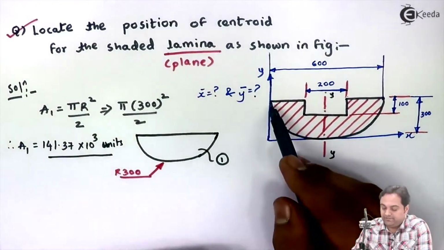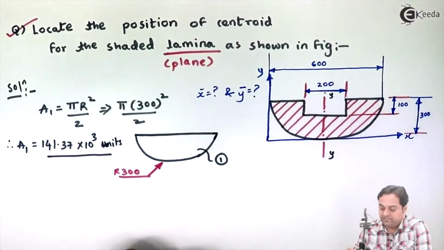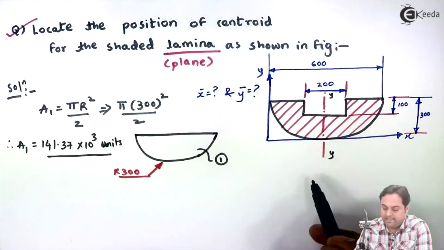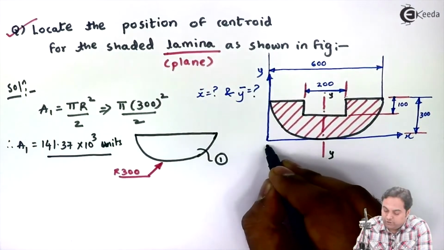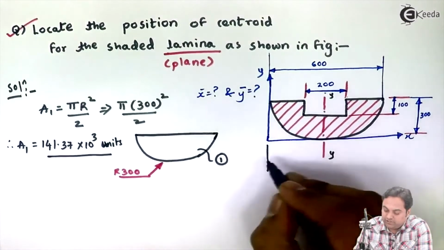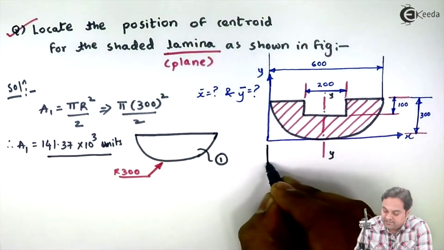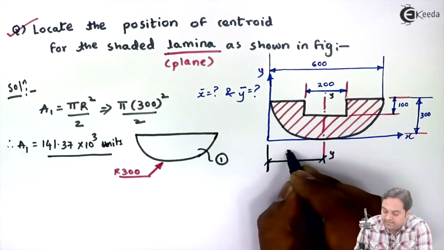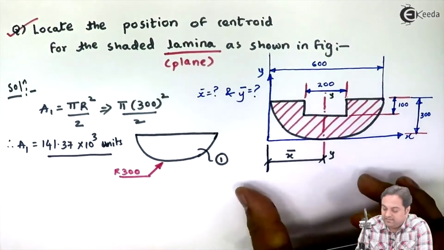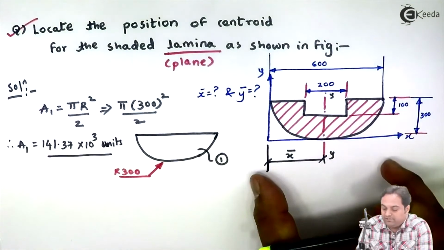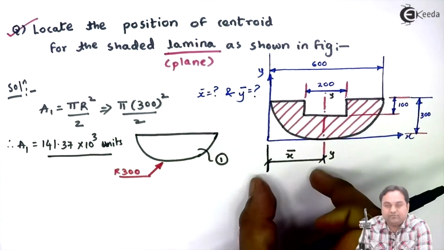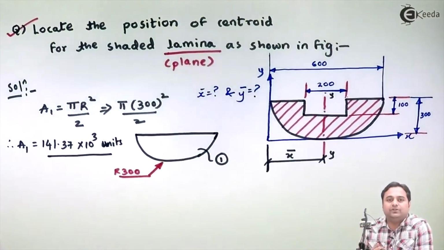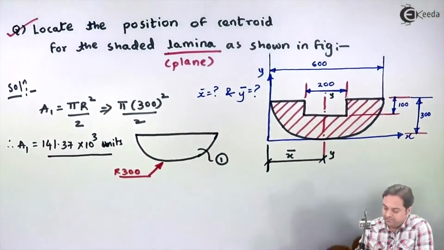The location of this axis indicates x bar. So x bar we can get directly, and x bar will be exactly half of the diameter. Diameter is 600, so half of that will be x bar. There is no need to calculate x bar, we can directly get it from the figure itself.